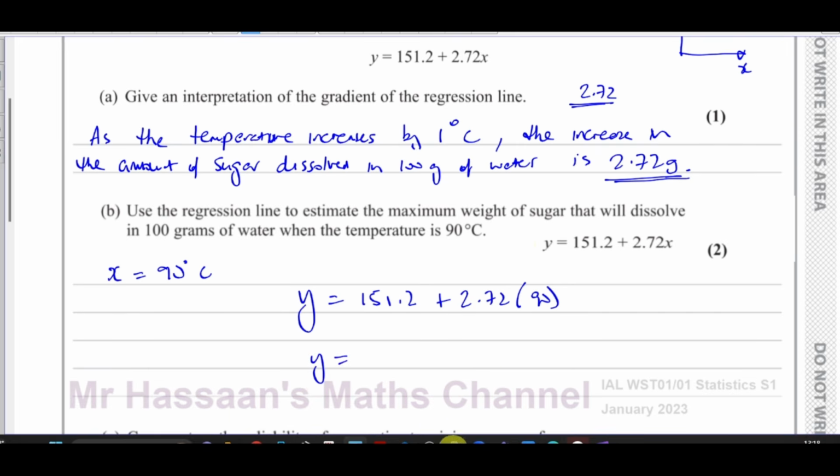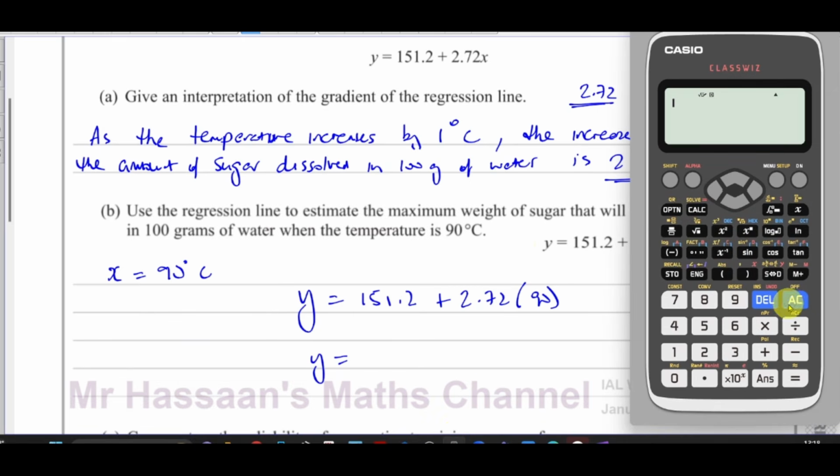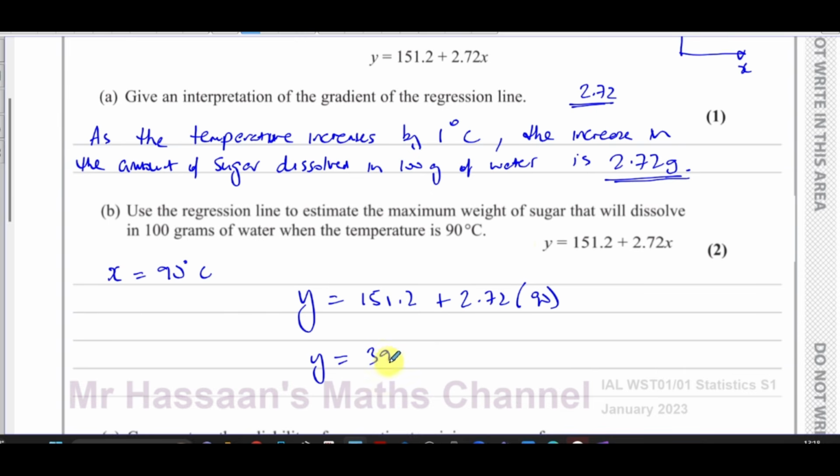We can just stick that in a calculator: 151.2 plus 2.72 multiplied by 90. That gives me 396 grams. That's part B.